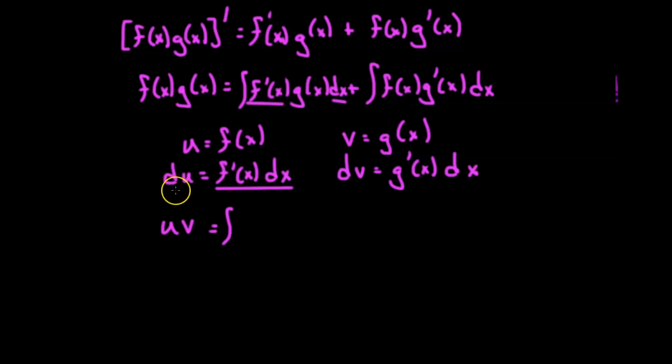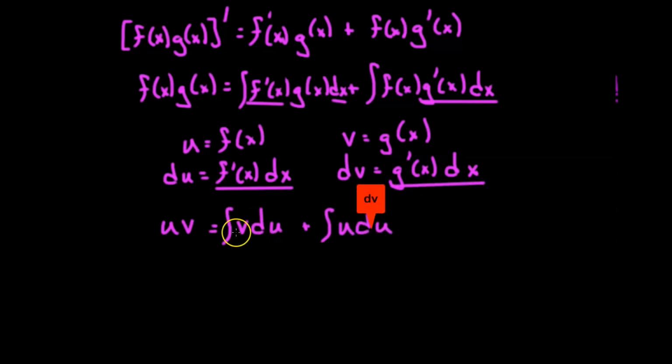So that's just du. And g of x is v. So we're going to take the integral of v with respect to u. And then we're going to add the integral of, here we have f of x, which is u, and then we have g prime of x times dx. G prime of x times dx is du.